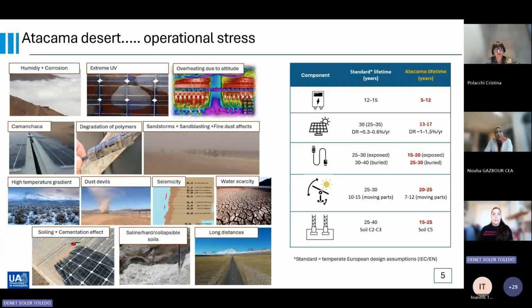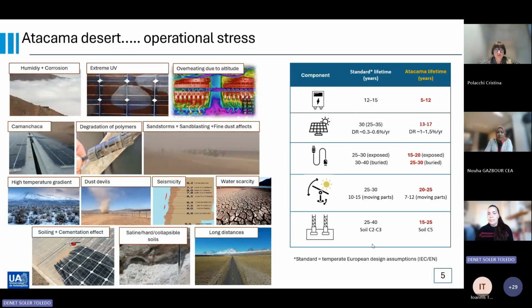And we have the characteristic of very long distances between PV plants and cities. The average distance is between 50 and 100 kilometers from PV plants to the closest city.